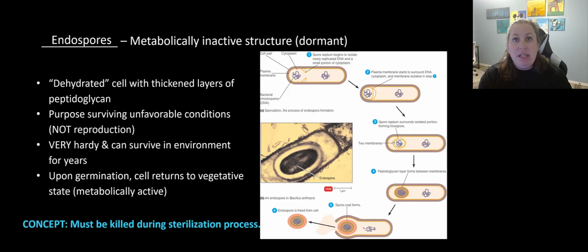So the concept here is we must be able to kill the endospores during sterilization processes. If we don't, and then we put that instrument we sterilized into a person, those endospores could be transferred and then those conditions could be good and they could start growing again. So the sterilization process has got to get rid of endospores as well as the vegetative bacteria.